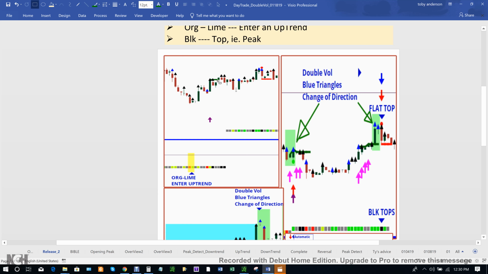But by the time this candle's over, it's leveled off. So this is kind of some advanced notice that orange and lime are good colors, because the orange is not red and the lime is not total green. And so when you get this combination, you got a little bit of time to enter the trade before it goes up.